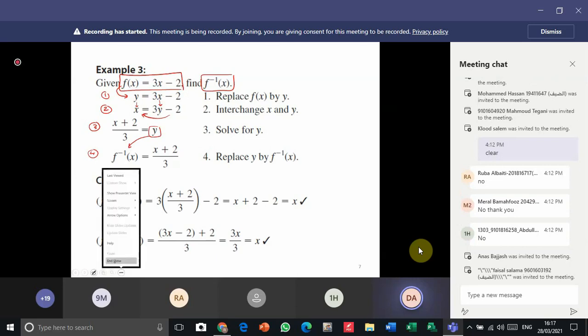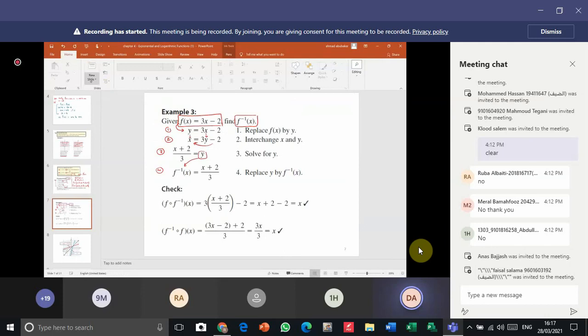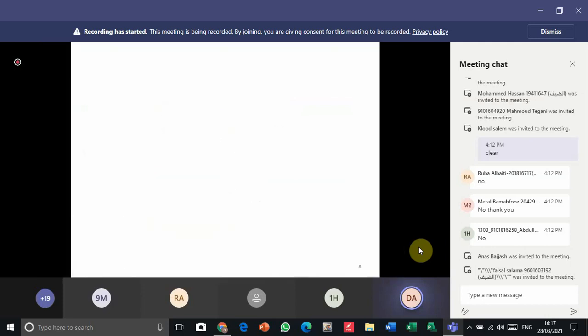Okay, another example to find the inverse. Example: find f inverse of f of x if f of x equals 5x minus 3 over 2, like this.